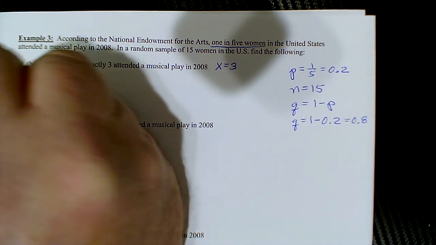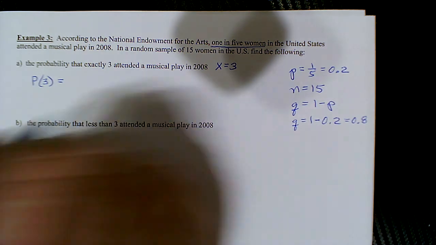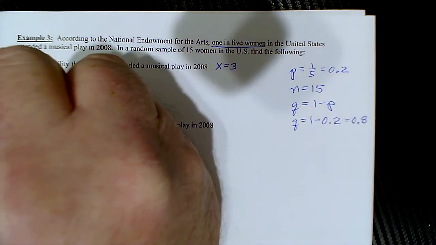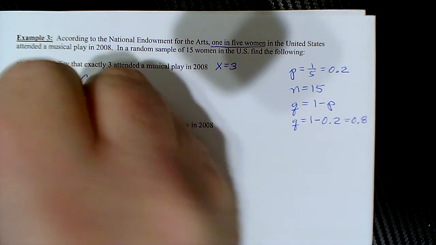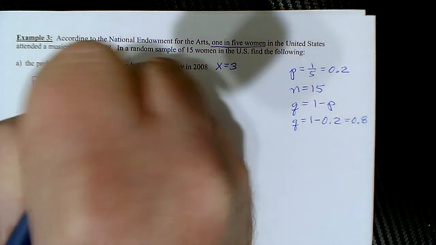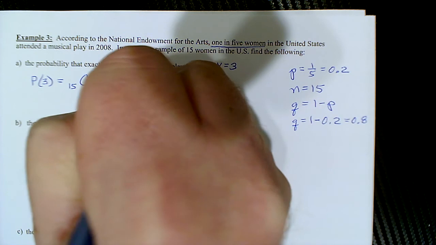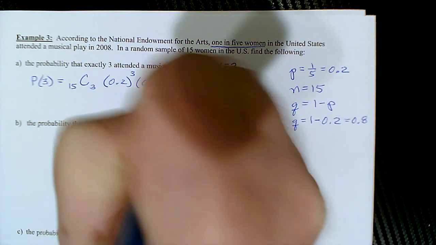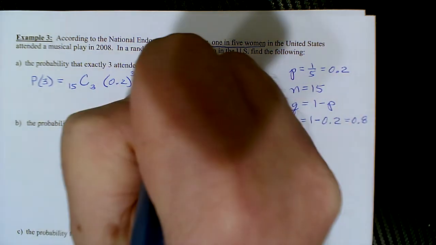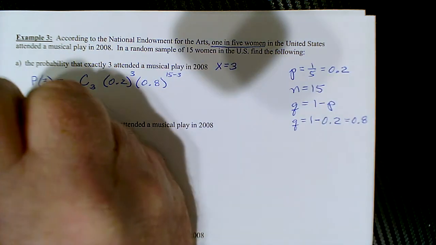So the probability of 3 is going to be, okay, the total was 15, n, choose 3, and we've got the value of p, 0.2, raised to the x, which is 3, and then the value of q, 0.8, raised to the n minus x, so 15 minus 3, or 12.